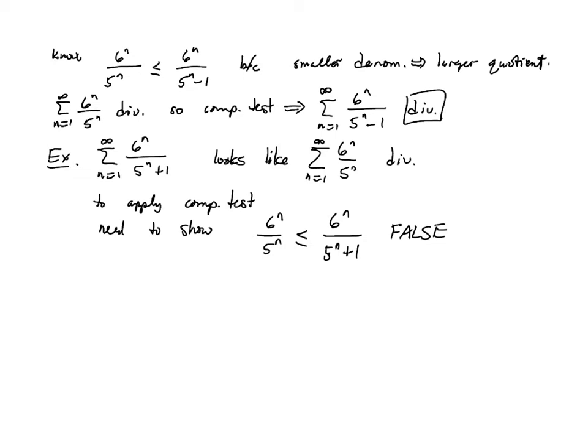You don't increase it. This is not so. So the comparison test does not apply here. And this is where the limit comparison test comes in to help things out. So I'll explain that on the next page.